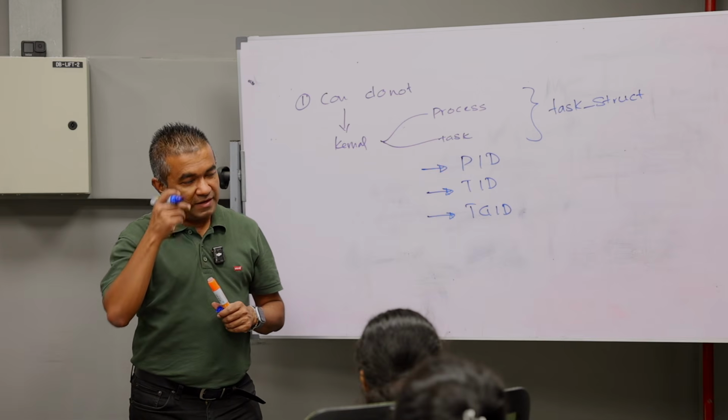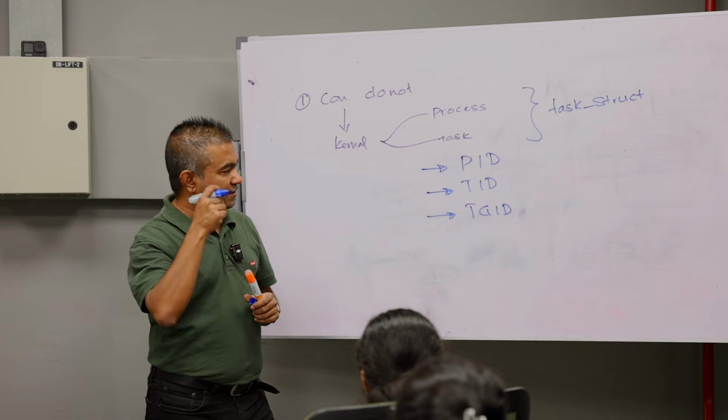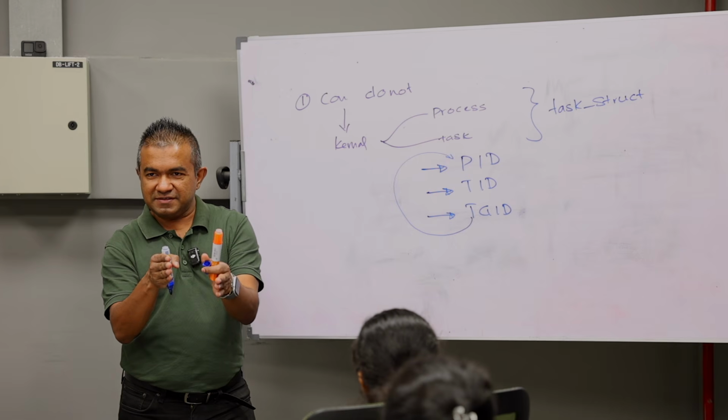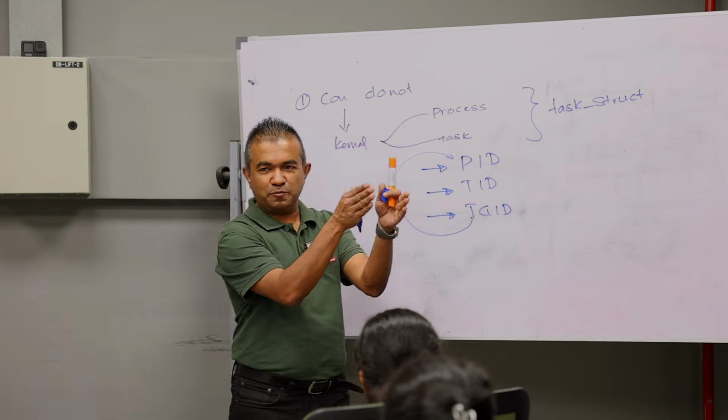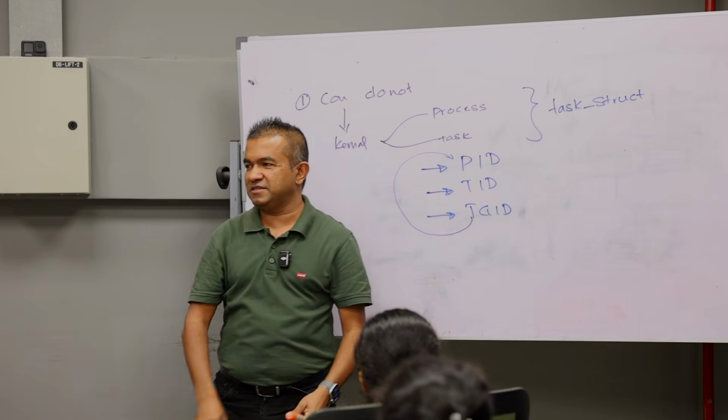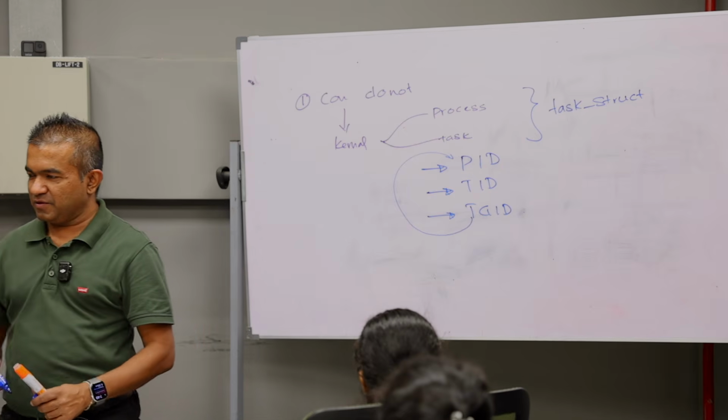The task group ID is the main thread's process ID. So if you get a task, and see which group it belongs to, you can figure out which process it is in.